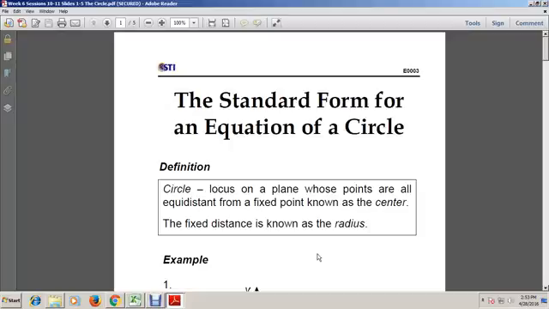So if we're going to draw a circle, starting from the center of the circle, any point along the circle is always equidistant, meaning all at equal distances from the center of the circle. The distance from the center to any point on the circle is called the radius of the circle.